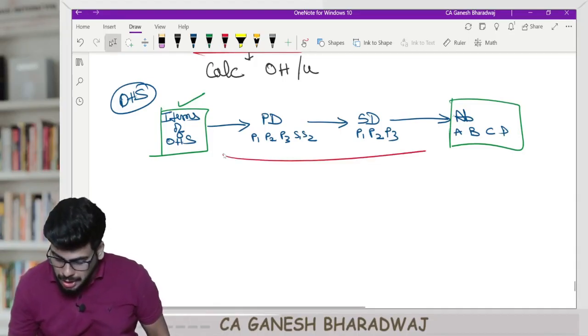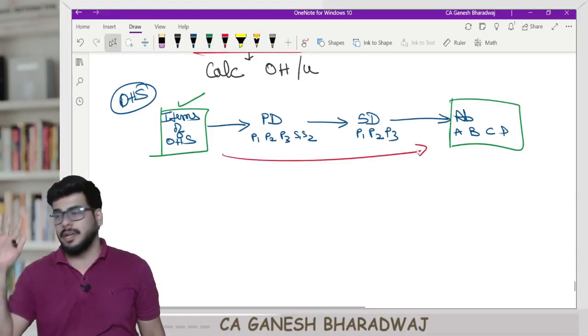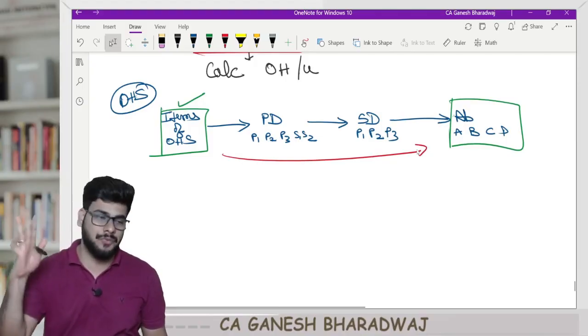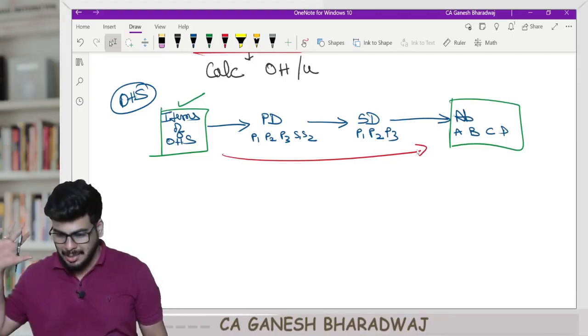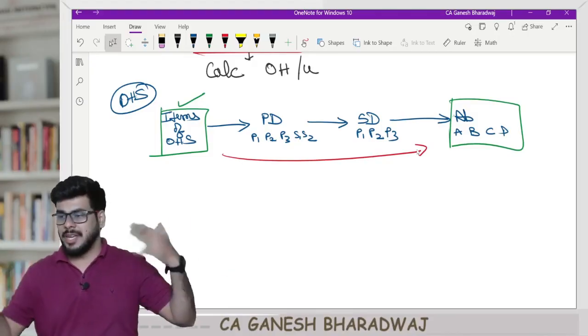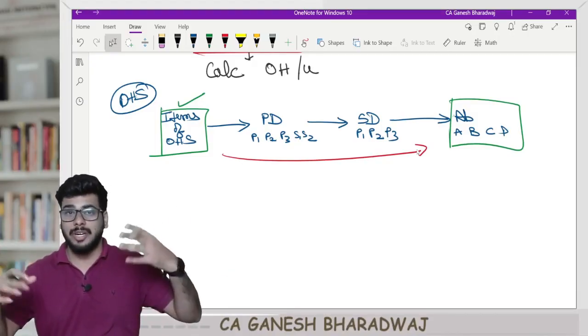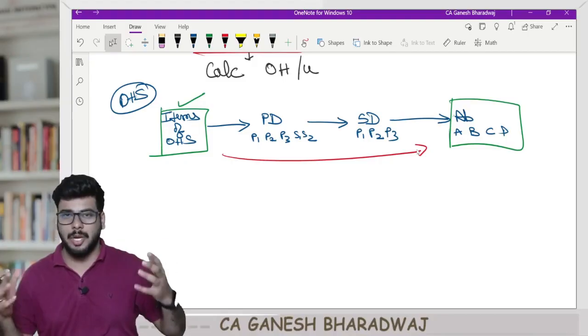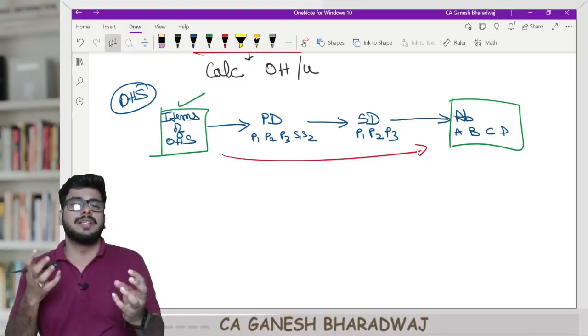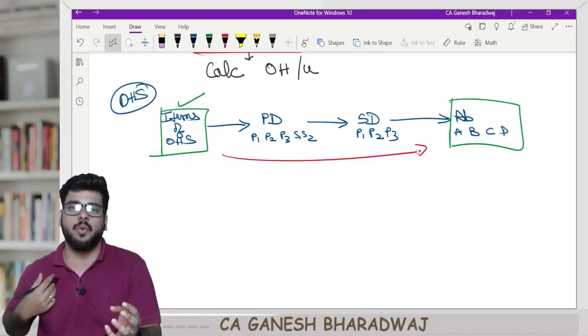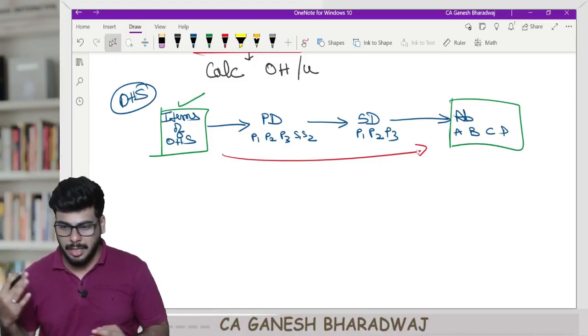This journey has a huge flaw in it. What is it? That is what we are going to study here in ABC. Clear with this, guys? Not much of any intricate discussions like under absorption, over absorption. No, the route alone, how it should be different, is what we are going to learn here in ABC.